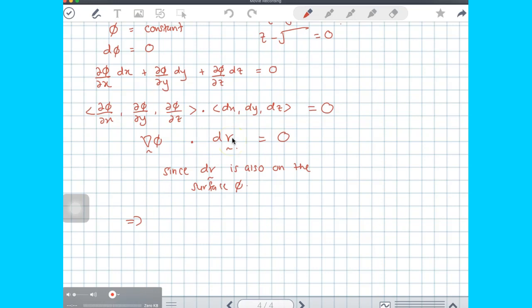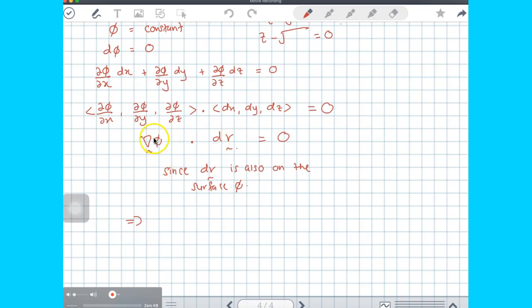And the tangent vector is also lying on the plane. Remember from the previous video I showed you that at z equal to 9 you have a level curve, a plane z equal to 9. So the tangent vector here is always on the plane z equal to 9, for example. So the dr here is also part of the surface.